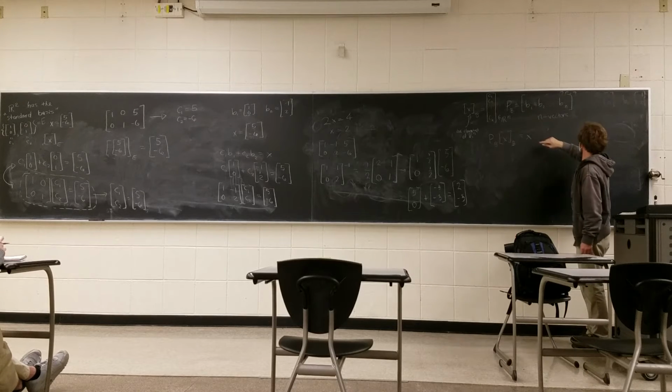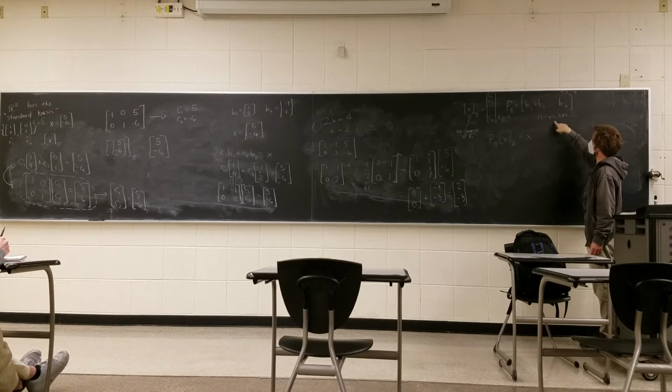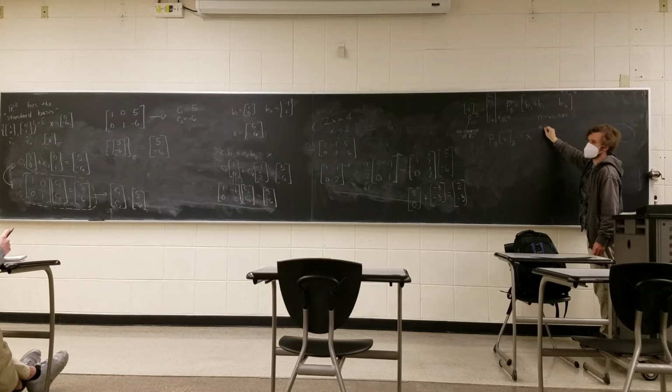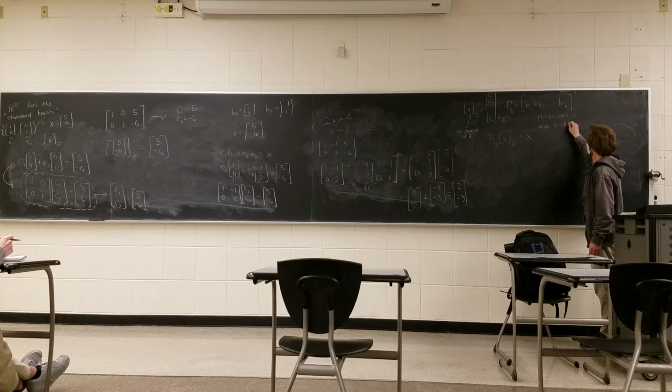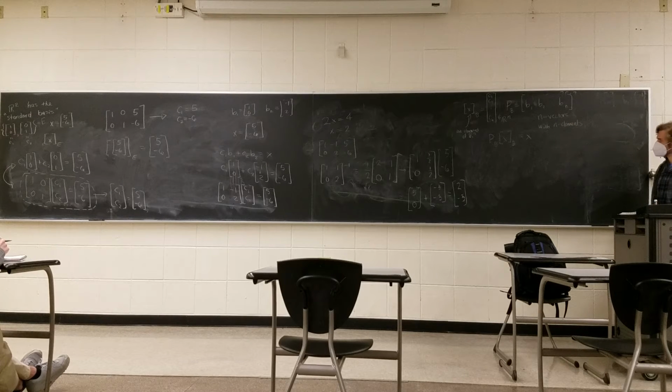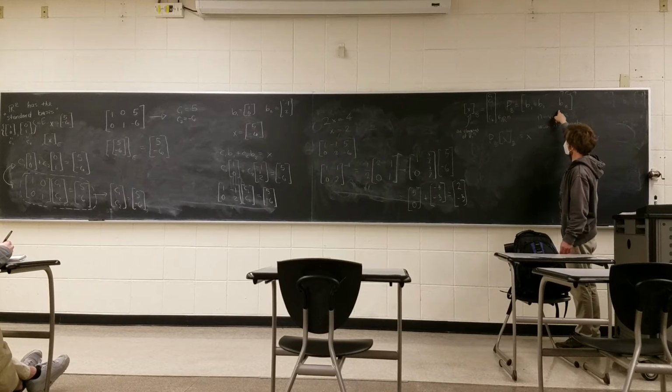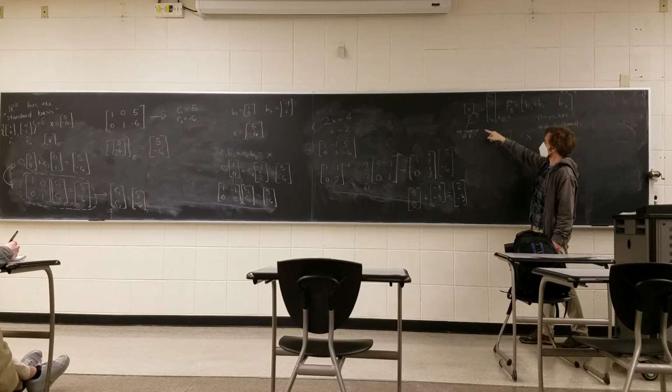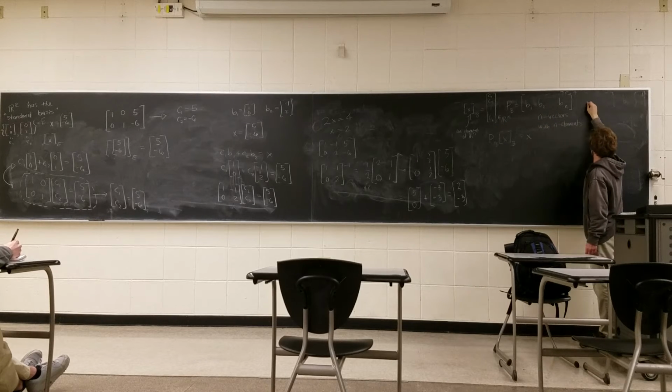Well, what we get here is that these are n vectors. Because they're elements of Rn, they have n elements. Right? So there's n vectors, length n, and so this is an n by n matrix.